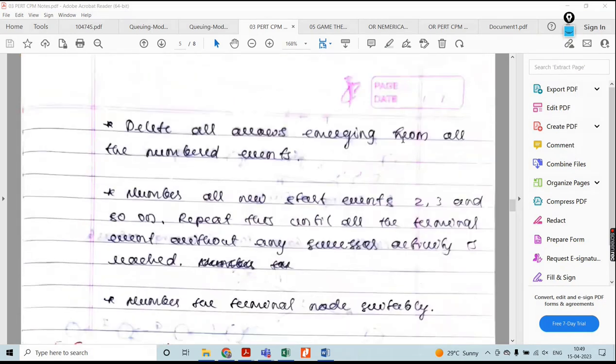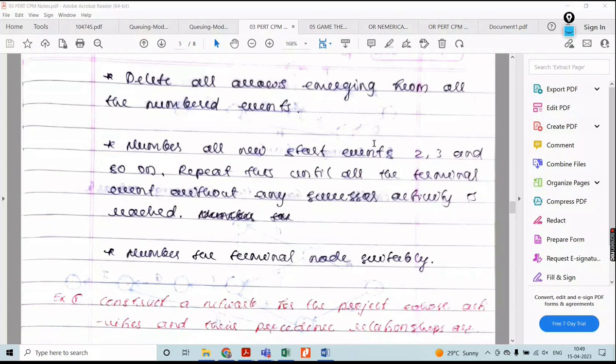Next, delete all the arrows emerging from all the numbered events. If many numbers are present, whatever is to be considered at this moment, only that you consider. The remaining you should not consider at all. Then number all the start events, 2, 3, and so on.